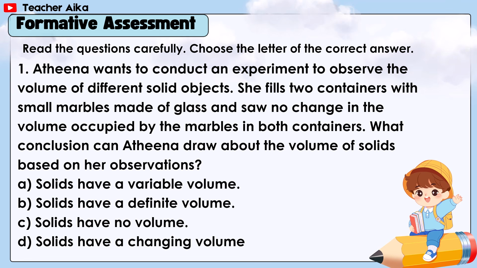What conclusion can Athena draw about the volume of solids based on her observations? A. Solids have a variable volume. B. Solids have a definite volume. C. Solids have no volume. Or D. Solids have a changing volume.